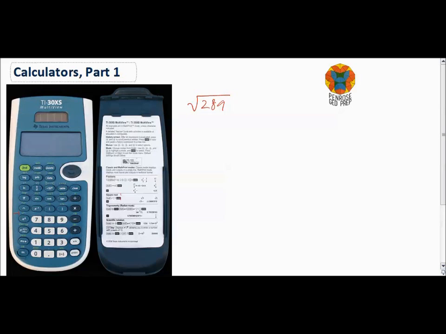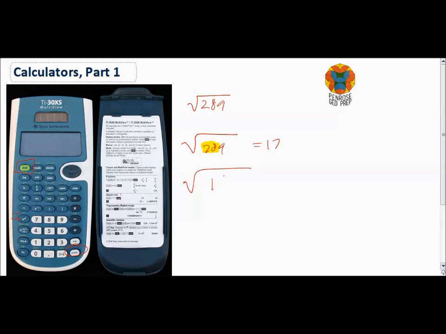So we have to type second and then this key. What we'll get is the square root symbol and a space to type on the inside. We type 289 in this space, and then hit enter. By the way, when you do this, you should get 17.